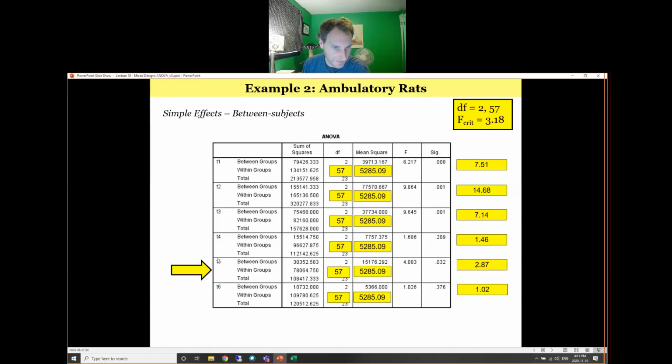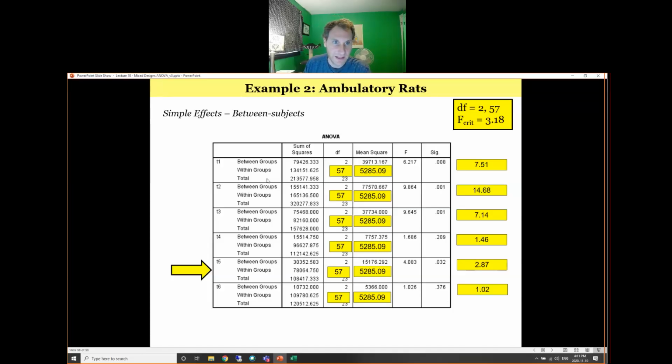I would say that this T5 here, what SPSS is calling a significant effect, is actually a type 1 error. When I use the more stable estimate, I find that it's non-significant. So by using that by hand, I actually protected myself against committing a type 1 error.